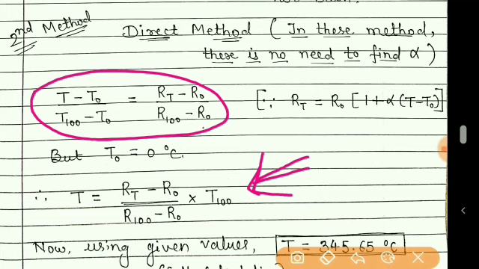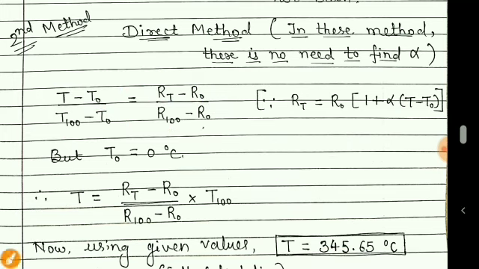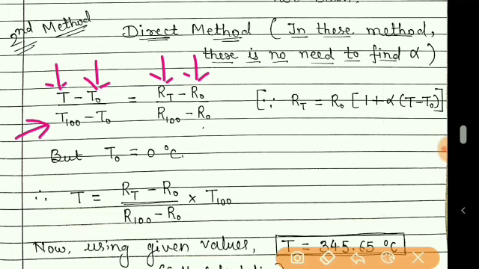So temperature difference upon temperature difference, resistance difference upon resistance difference. You can see here T minus T naught, so it is RT minus R naught. Then here T100 minus T naught, so here also R100 minus R naught.